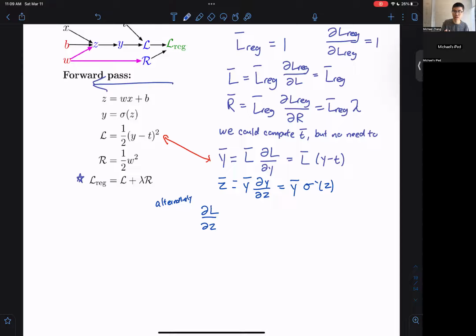And how LReg changes with respect to Z: LReg is affected by L, L is affected by Y, and then Y is affected by Z. You can see that these two expressions are actually going to be exactly the same, except the way we're doing it now with this computational graph approach is we're decomposing it.